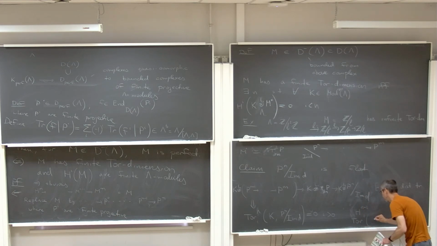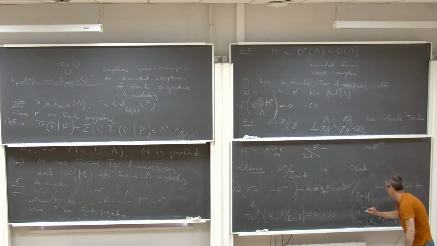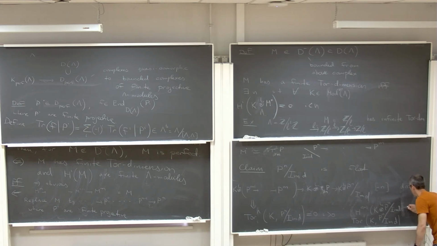So, for example, Tor 1 of K and this Pn modulo the image of D is by definition Hn of this tensor product, Pn modulo the image of D, twisted by negative.